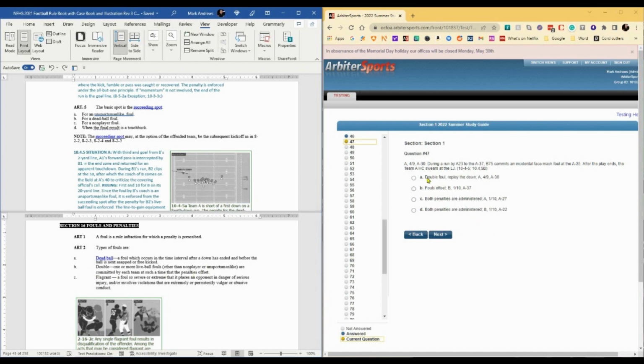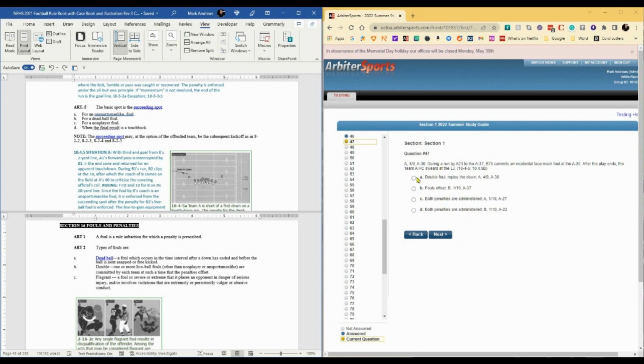And so typically when we have a foul by each team, it's a double foul and we replay the down, right? But in this case, the first foul occurs during the play. The play is over. It says after the play ends, the Team A head coach swears at the line judge.